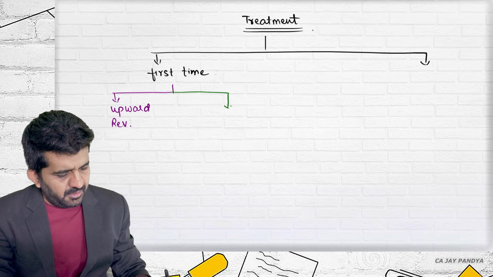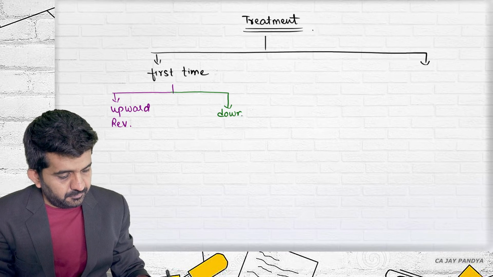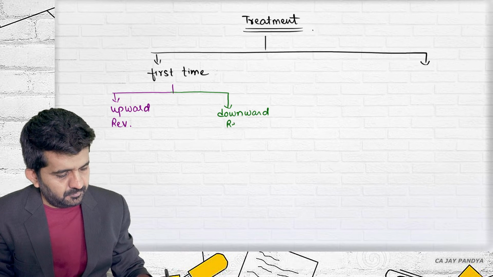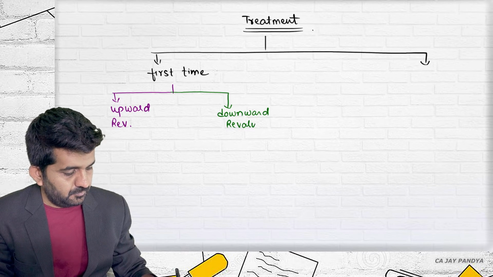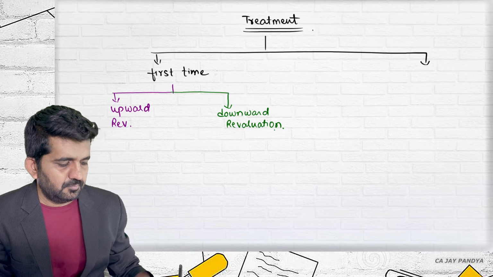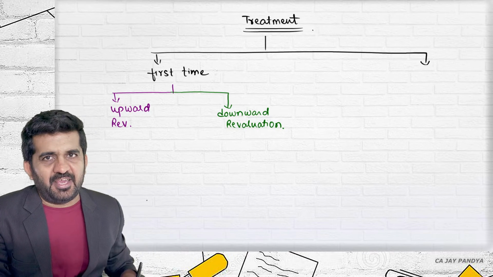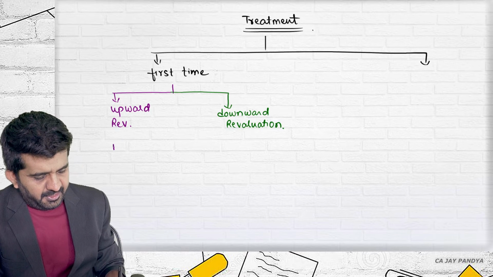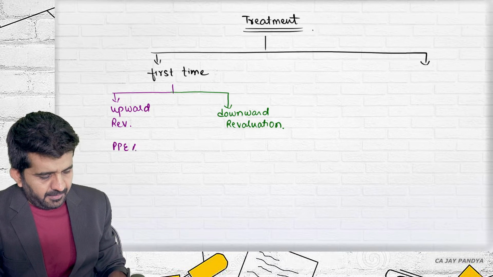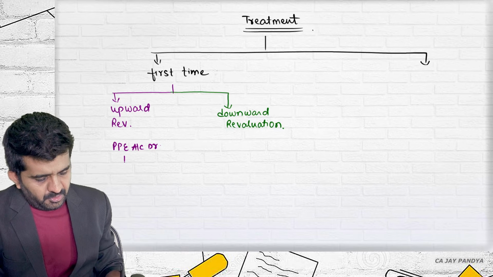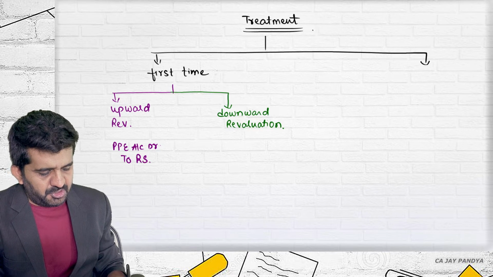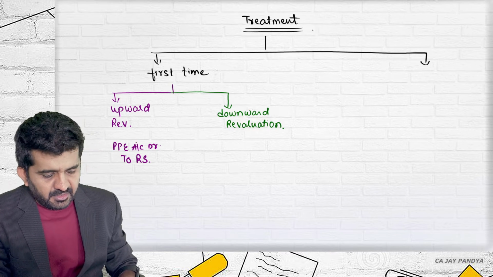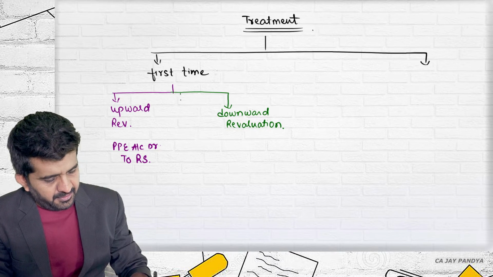It can be downward revaluation. For upward revaluation, I have given you just the journal entry. Let me also write down that journal entry. It is PPE account debit to revaluation surplus or revaluation reserve. You can write it down. Is it all right? This is how upward revaluation is done.